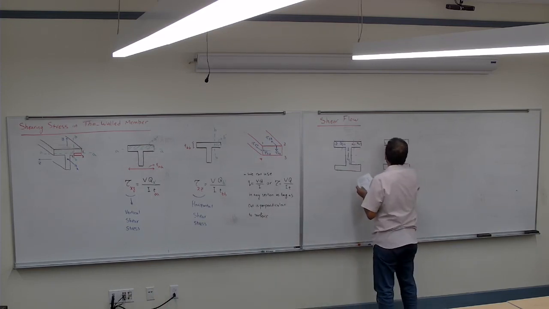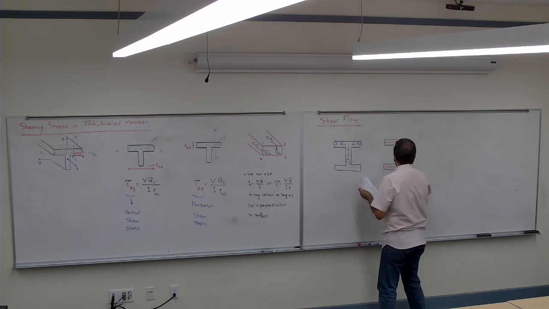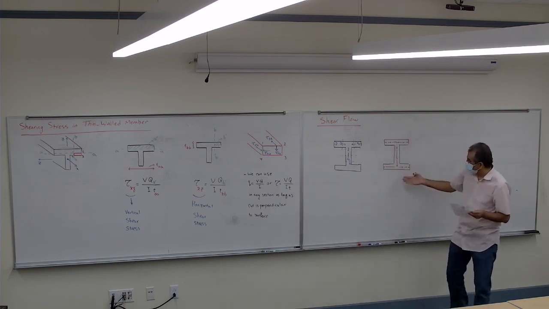So it's going to be very small here, and then become larger here, larger, larger, and largest. Then you have them going like this, like this, like this. This is called the shear flow.